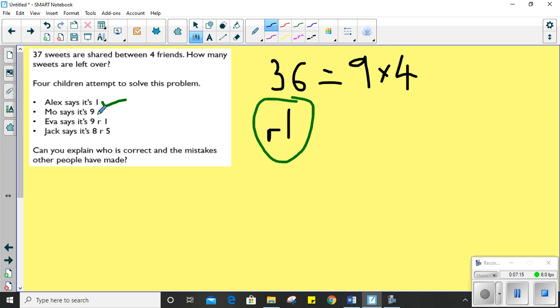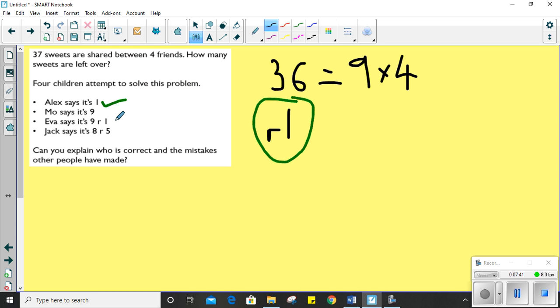Mo says it's 9. So now I need to explain who is correct and the mistakes other people have made. Mo has told me how many sweets each child gets rather than what my remainder is. Eva says it's 9, remainder 1. Eva has told me what 37 divided by 4 is.